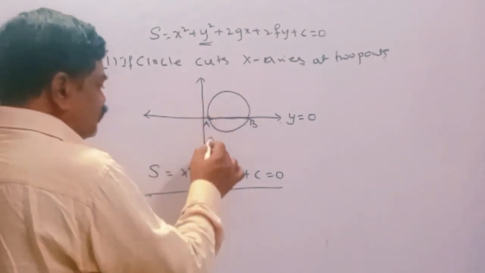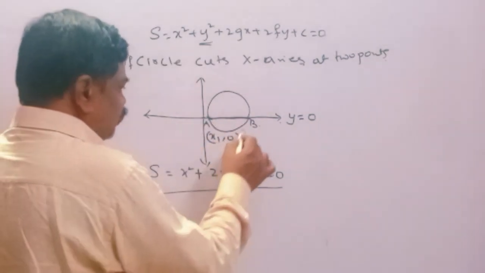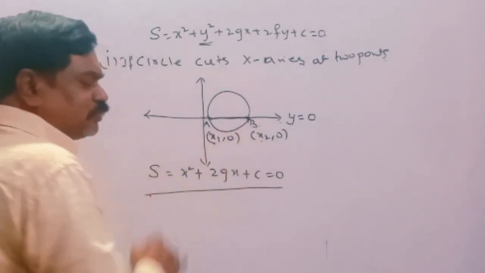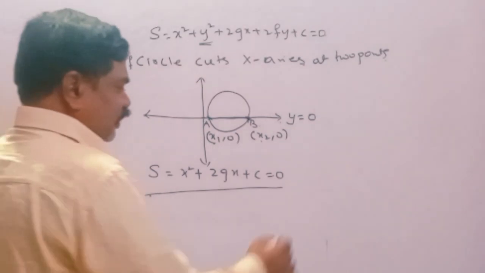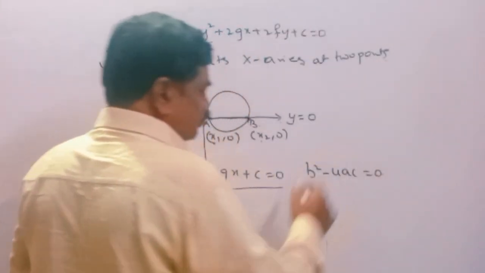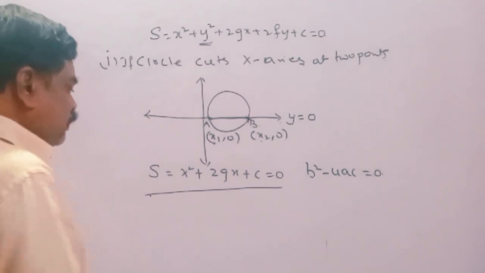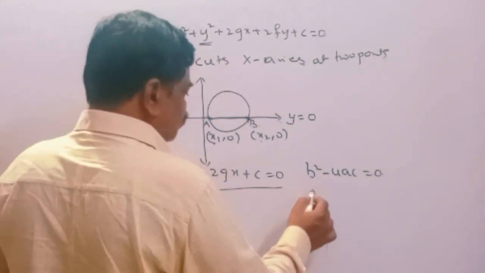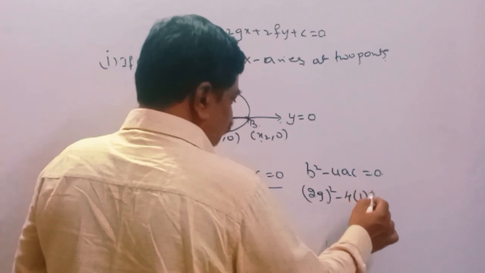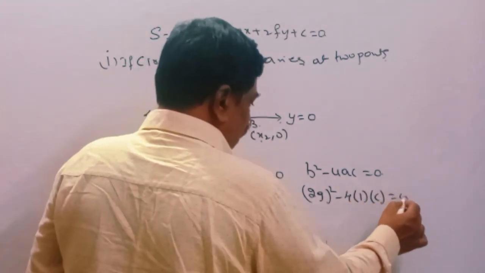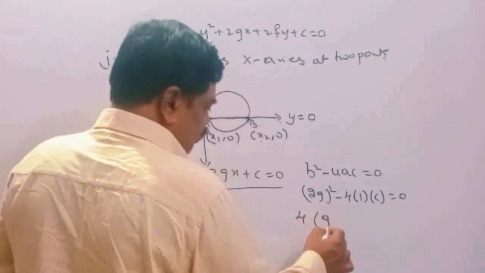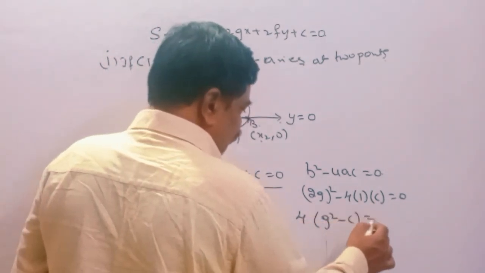If these points are (x1, 0) and (x2, 0), and x1, x2 are real numbers, then b square minus 4ac is greater than 0. What is b square here? This is (2g) whole square minus 4 into 1 into c, then dividing by 4, this is g square minus c.